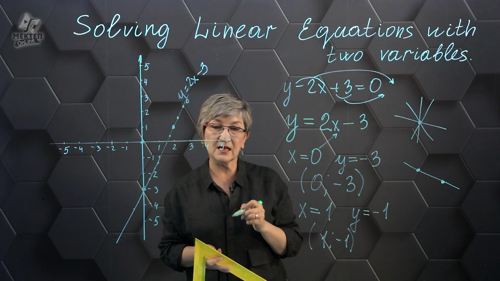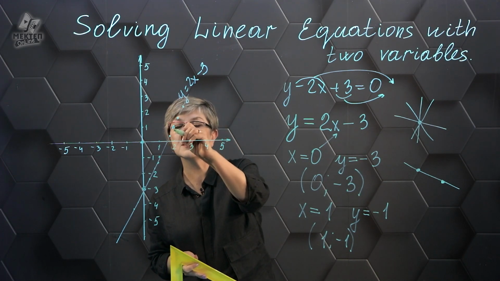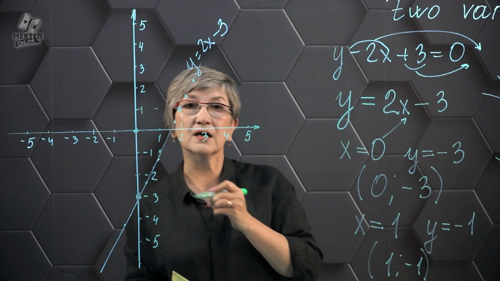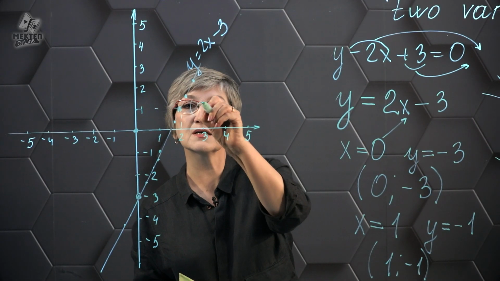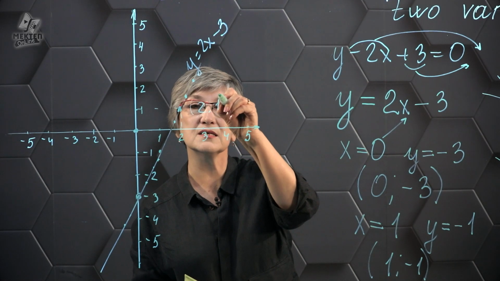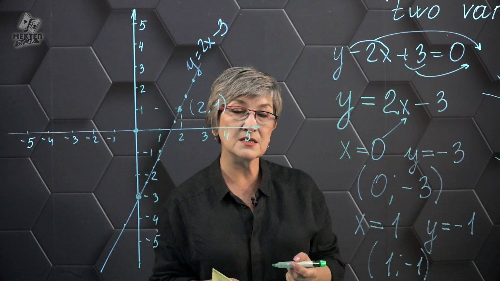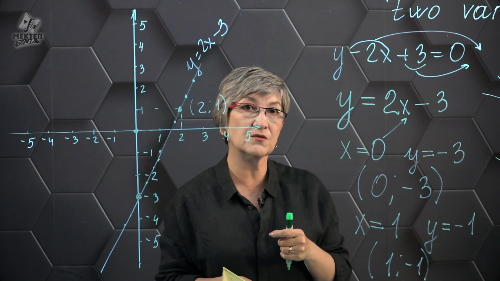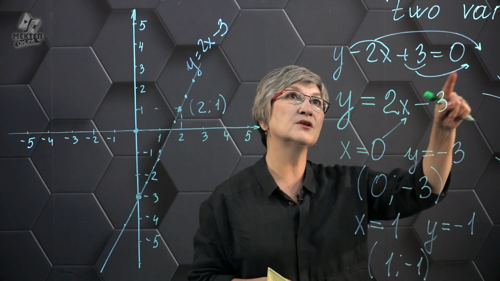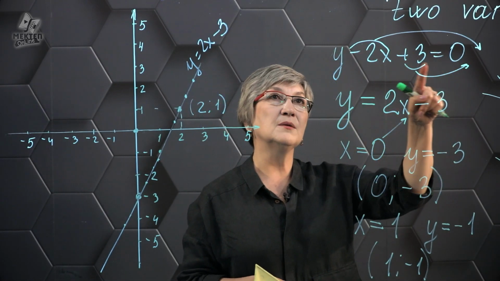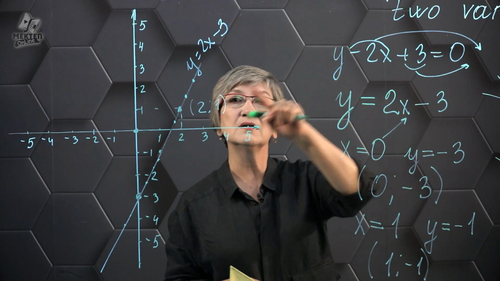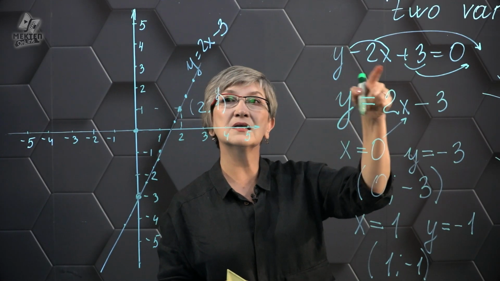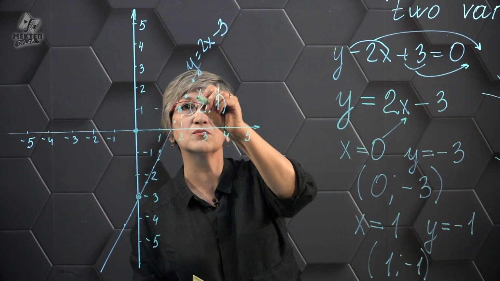To determine the coordinates of the point, I have to draw a perpendicular to the x-axis and to the y-axis. And as you can see, this point has coordinates 2 and 1. Let's check these coordinates. Is this pair of numbers the solution to our equation? Let's go back to our equation and substitute a value of 1 in place of y, and in place of x, a value equal to 2.